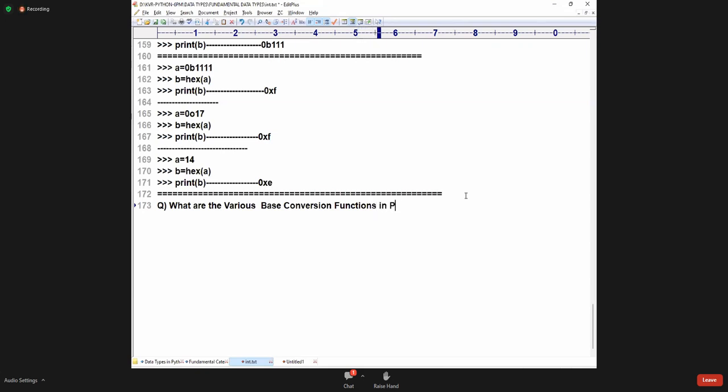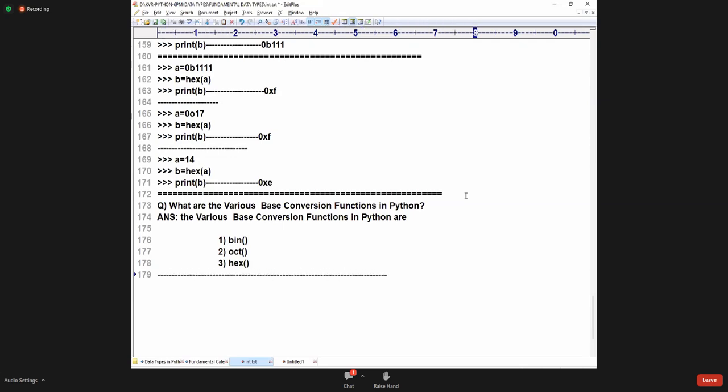It is a very frequently asked question. The answer is: the various base conversion functions in Python are, number one, bin of. Second one, oct of. Third one, hex of. Examples of these you can also see above.